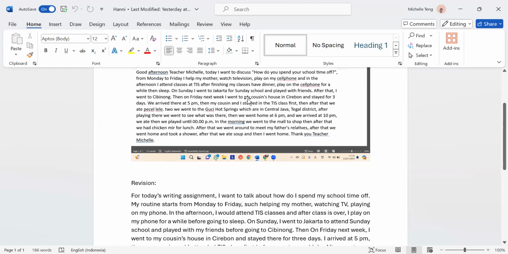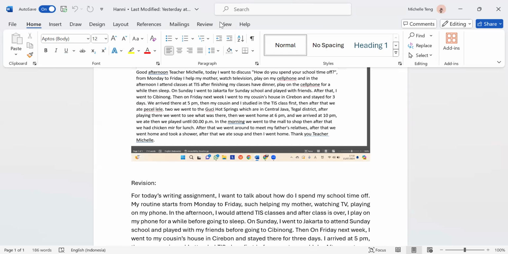"From Monday to Friday, I help my mother." So that's a new sentence. I'm not going to make it one sentence with the previous one. Since this is something that we do continuously, on a daily basis, I think we should state it more directly.